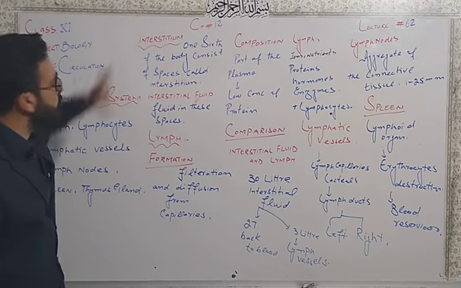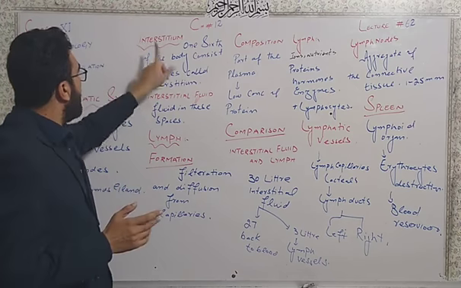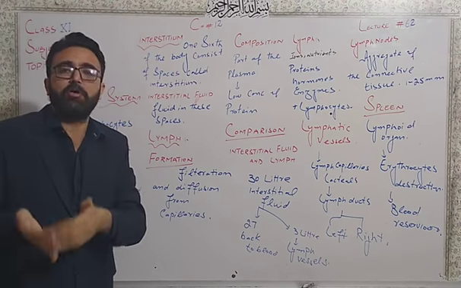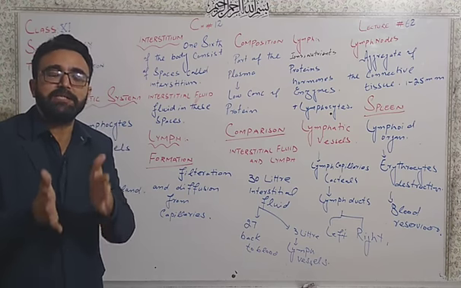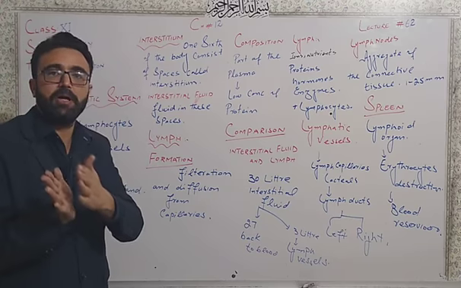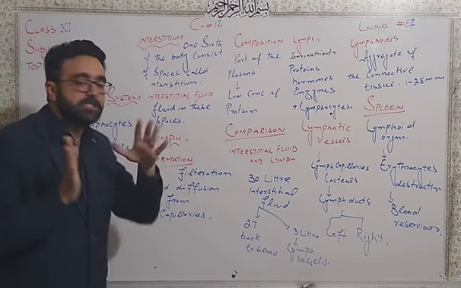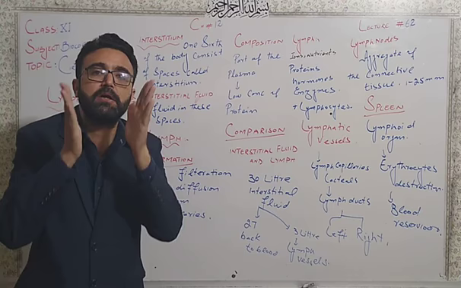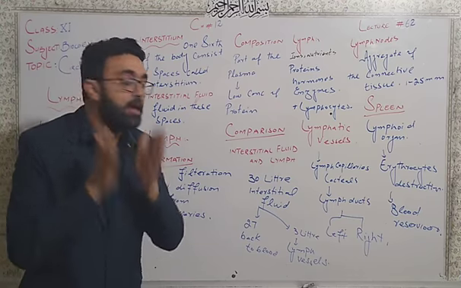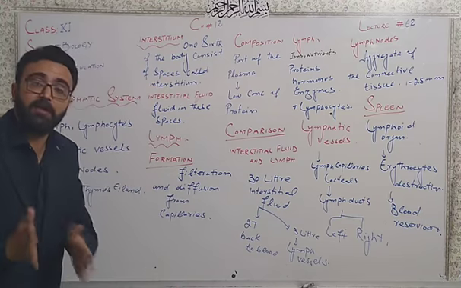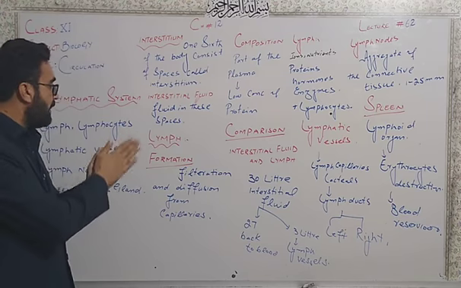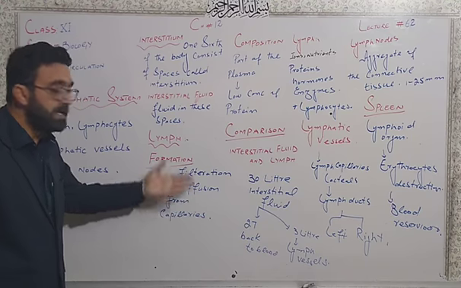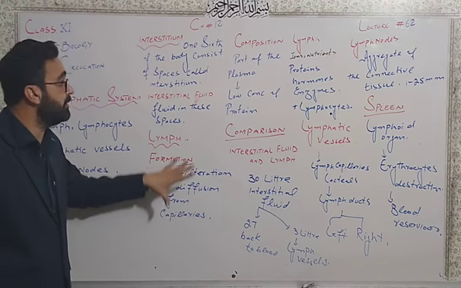But first of all, we need to know what is interstitium. 1/6 of the total body consists of the spaces between the cells, and these spaces are called interstitium. These are filled with a fluid called interstitial fluid, which is actually derived from the blood through filtration and diffusion processes. It comes from the capillaries.